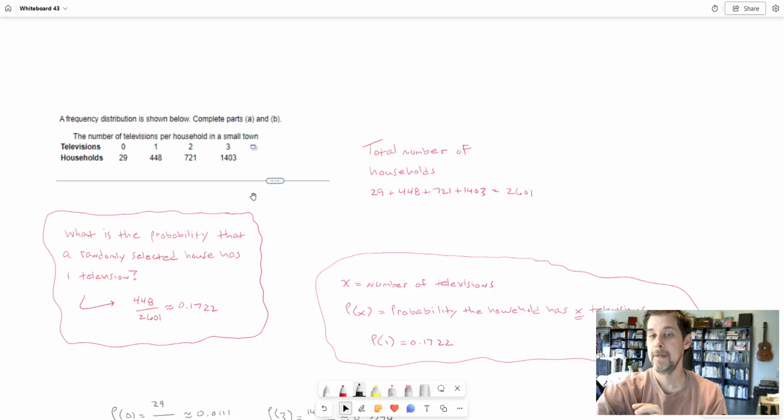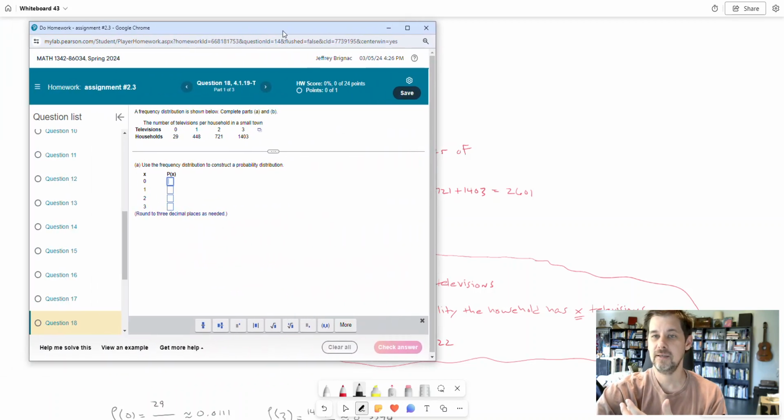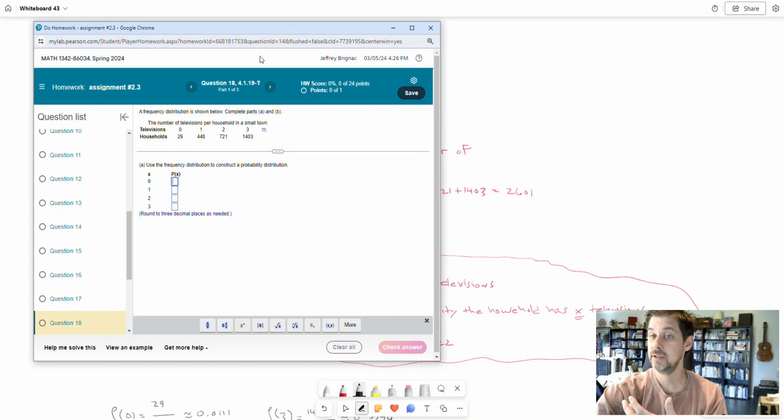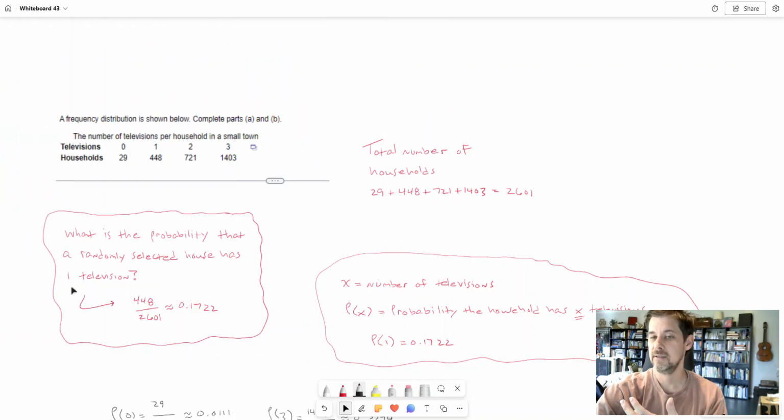All right. Now, what we're going to do when we make this probability distribution is something like this. The question at hand is actually pretty simple. What if I ask you what the probability is that you select a house at random from this sample and it has one television? What are the odds of that? Say you had a way to blind yourself to the households, that you pick a number out of a hat, whatever.